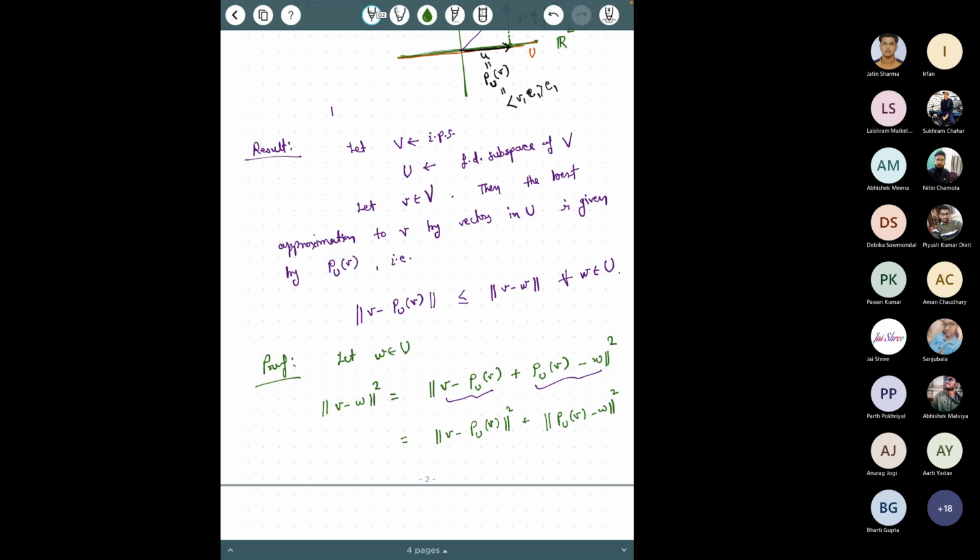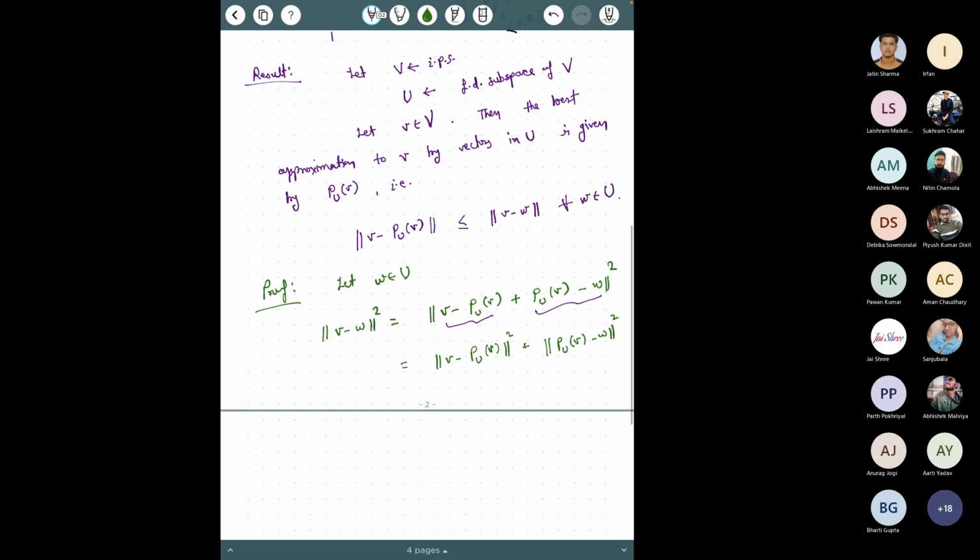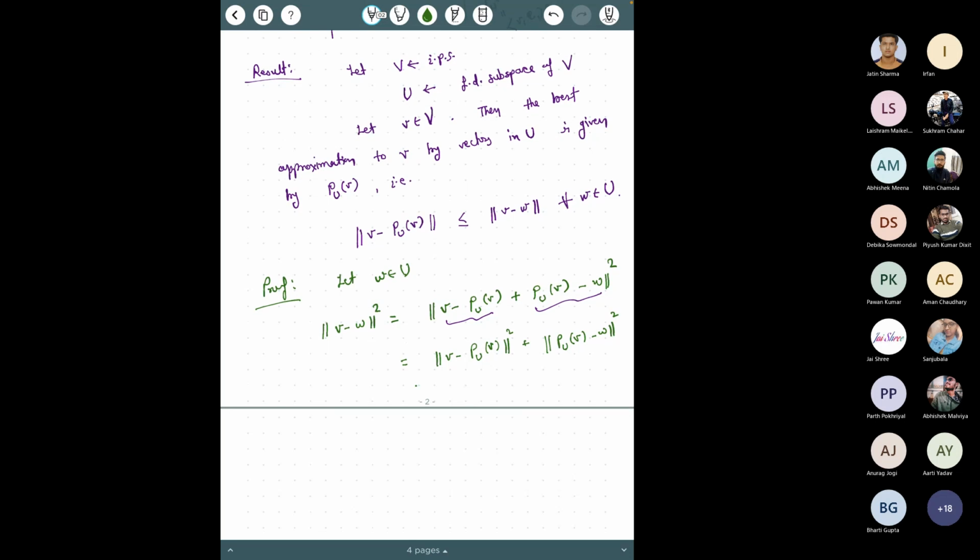Now, this thing here is always greater than or equal to, because both these quantities are non-negative, because length is always a non-negative quantity. So this is always greater than or equal to the length of v minus P_U of v squared, right? And you are done.